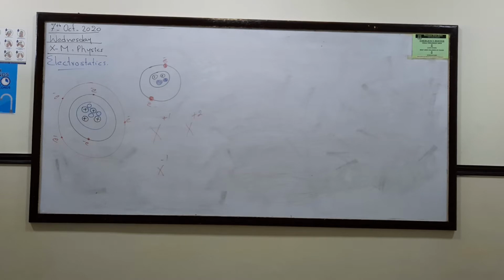The electrons are given out or received. In both these cases, we never gave up protons. The positive protons are inside the nucleus. They are not given to anybody or received by anybody.